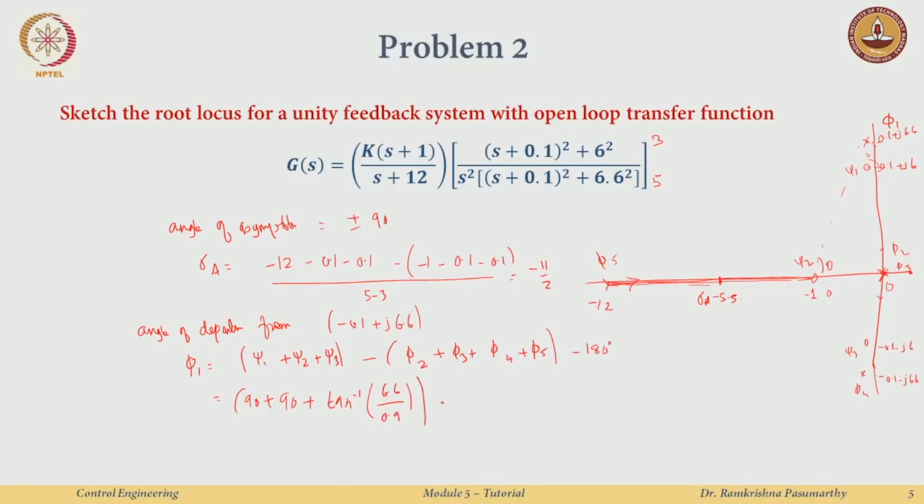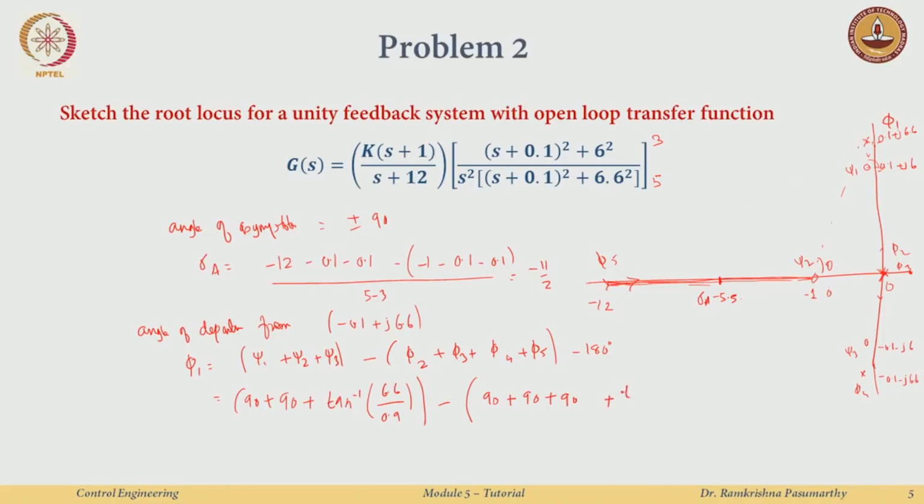So, this one, and then minus we have the angles from phi 2, which is very nearby. So, I could as well approximate this by 90 degrees. So, phi 2 would be 90, phi 3 would also be 90, phi 4 would also be 90, and then I have this pole.